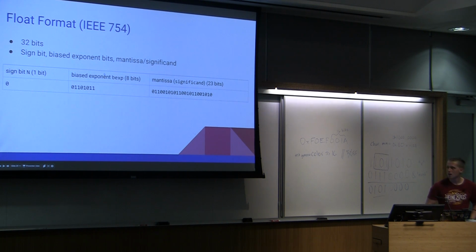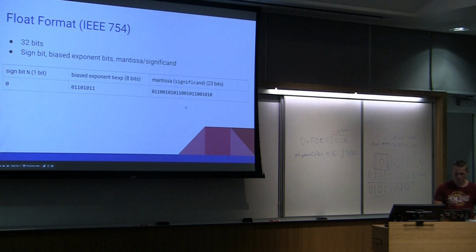And then you have what I'm going to call BEXP here, just to remind us that it's the biased exponent. This is 8 bits that represents the exponent that you're going to use for scaling your floating point number. And then the actual meat of the number is in the significand or the mantissa. Those are the same thing. And you have 23 bits of precision with standard floats. So this is just an example bit pattern, but the interesting part of the number will go over here.